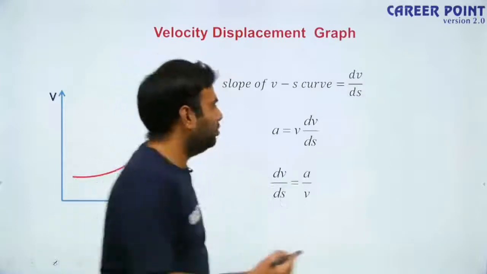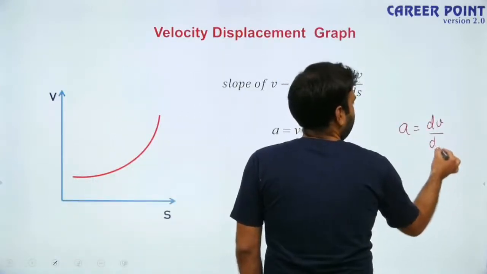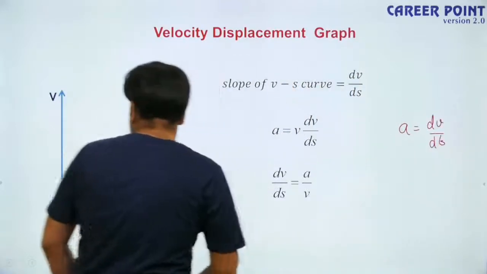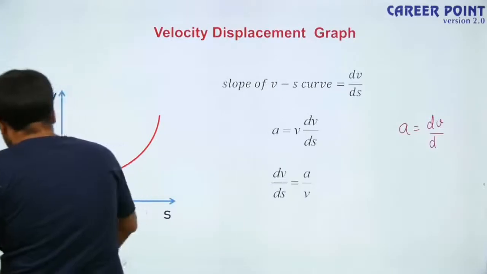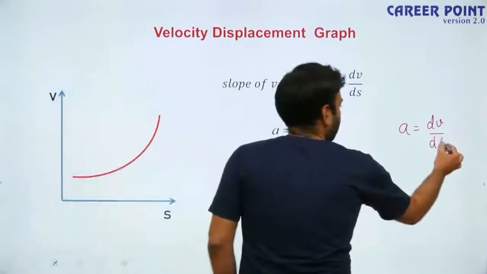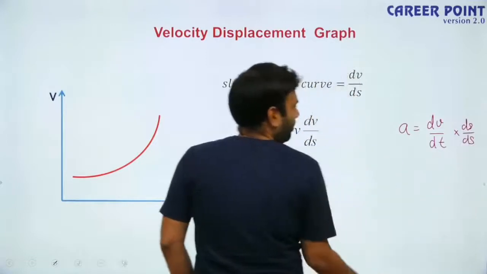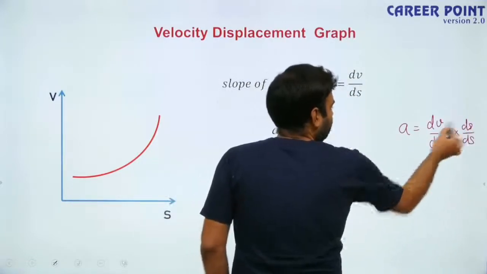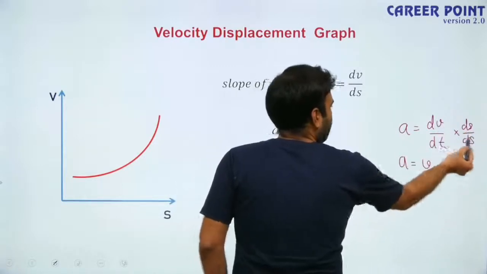Now, as you know, acceleration is given by the rate of change of velocity with respect to time, that is dv by dt. If I multiply and divide it by ds, this ds by dt will become velocity, and dv by ds remains as it is.